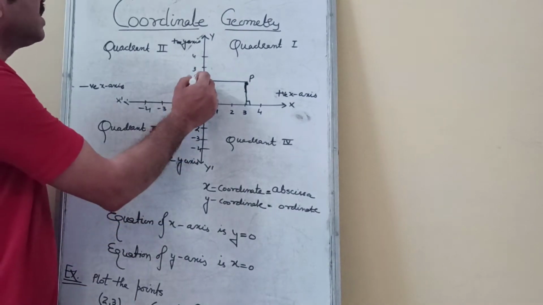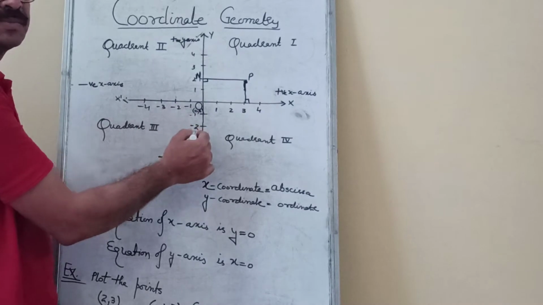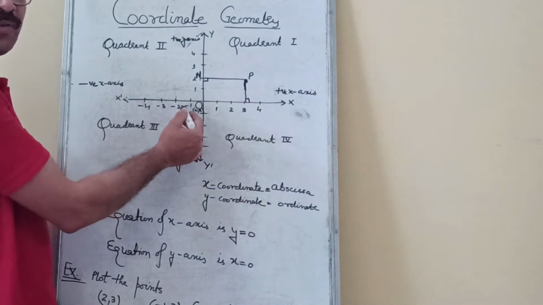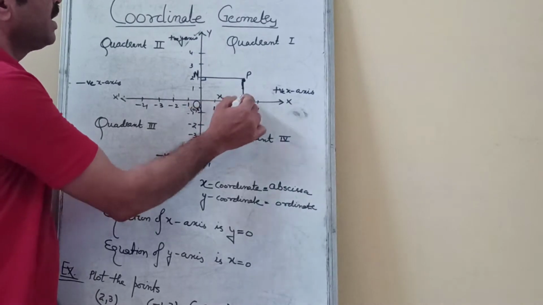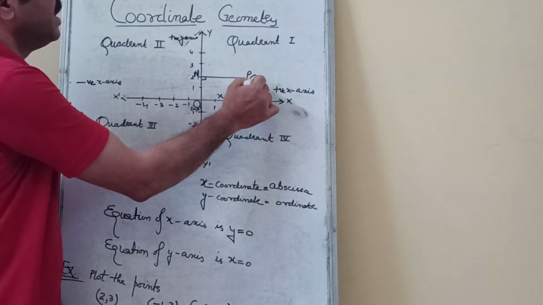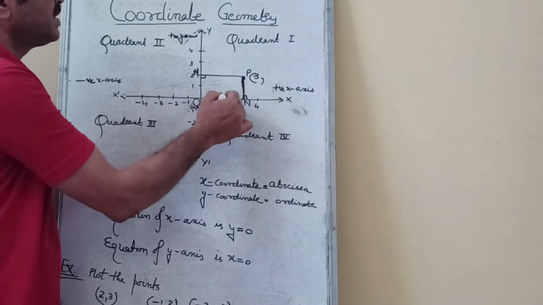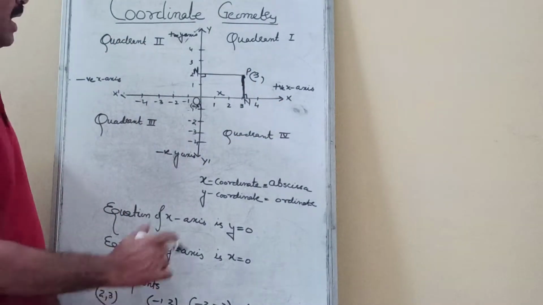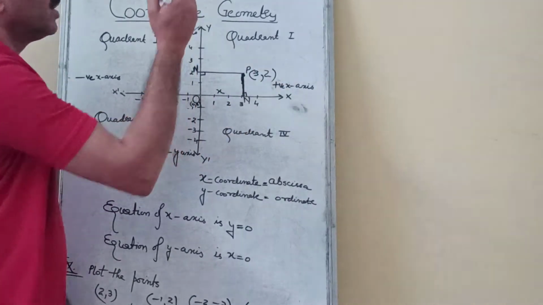The perpendicular distance of point P from the y-axis along the positive direction of the x-axis is the x coordinate. So here the x coordinate is 3, and the perpendicular distance of this point P from the x-axis is the y coordinate, and this is 2. So the coordinates of point P are (3, 2).